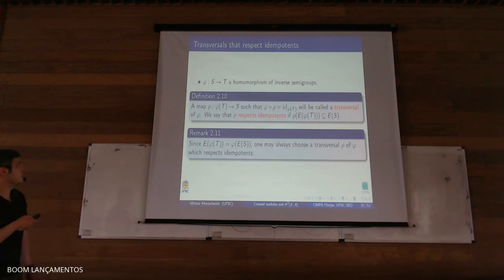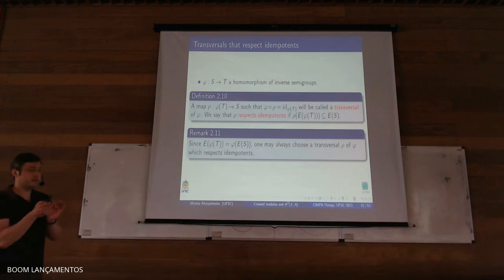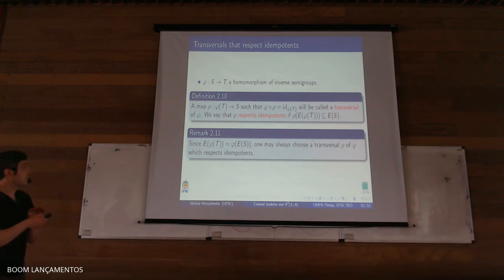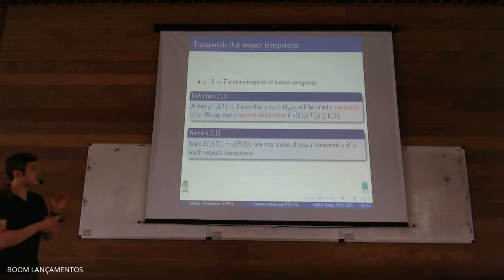If you have a homomorphism between inverse semigroups, a transversal is a map which acts in the opposite direction, and it is essentially the choice of pre-images. Now, you may require that it respects idempotents. Always, if you have a homomorphism between inverse semigroups, you may choose a transversal which respects idempotents.